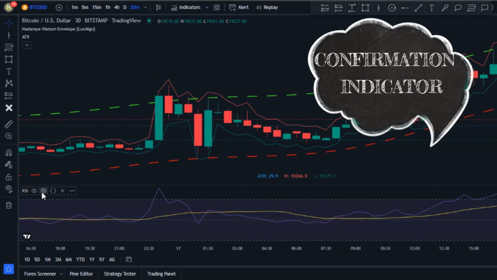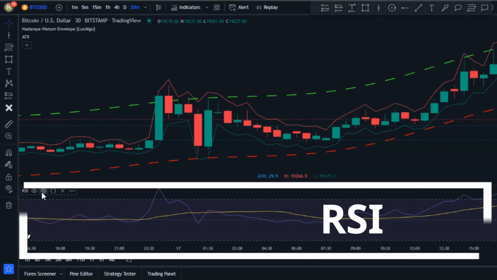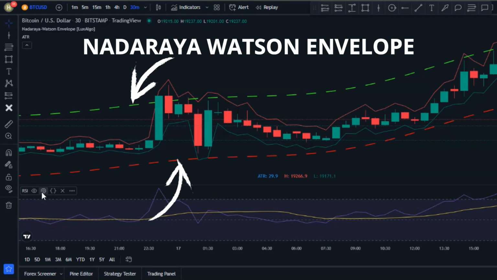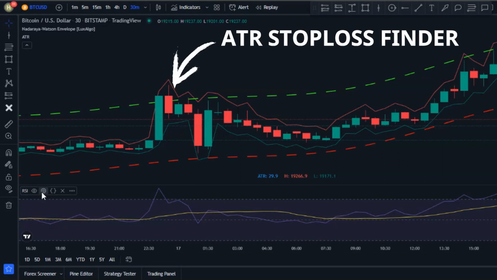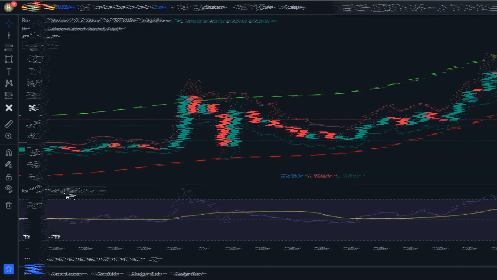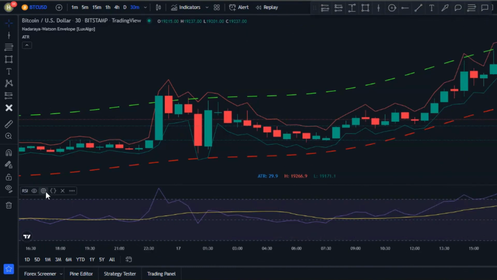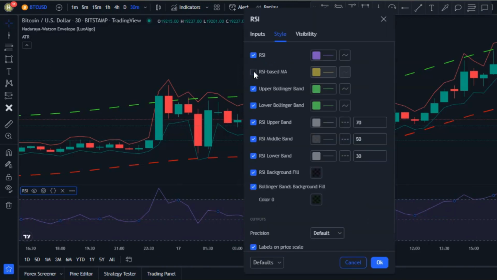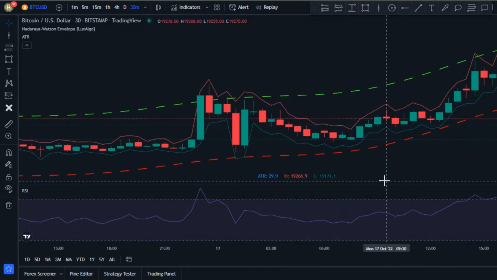So now we have 3 indicators, and RSI for the confirmation, the Nadir as our signal maker indicator, and the ATR stop loss finder as our stop loss finder indicator. But we need to change the settings of the RSI. So to do that, click on the settings button, and then in the style tab, get rid of RSI base MA and RSI middle band. So that's all with the RSI indicator, and this is how our setup looks on the chart.